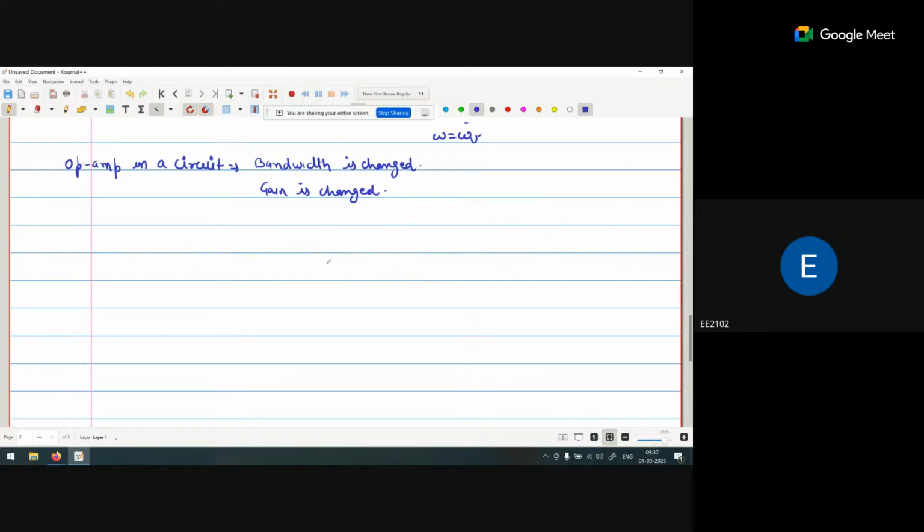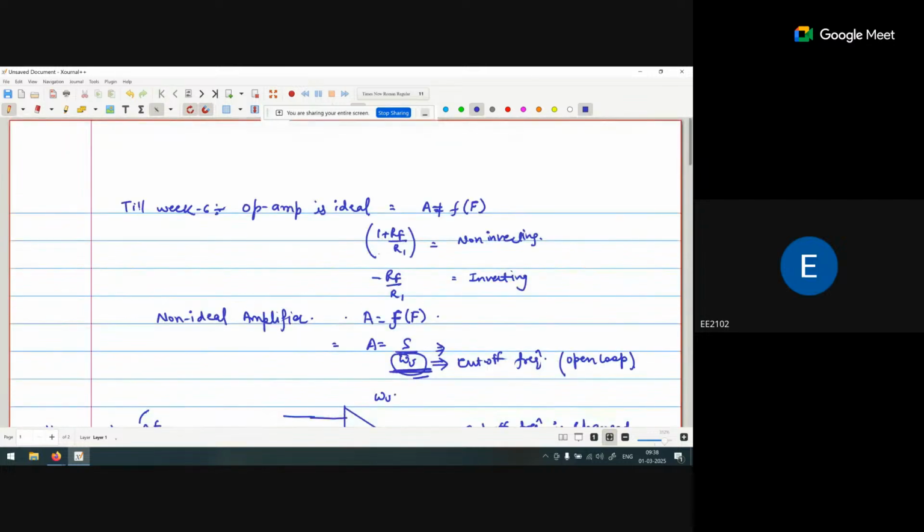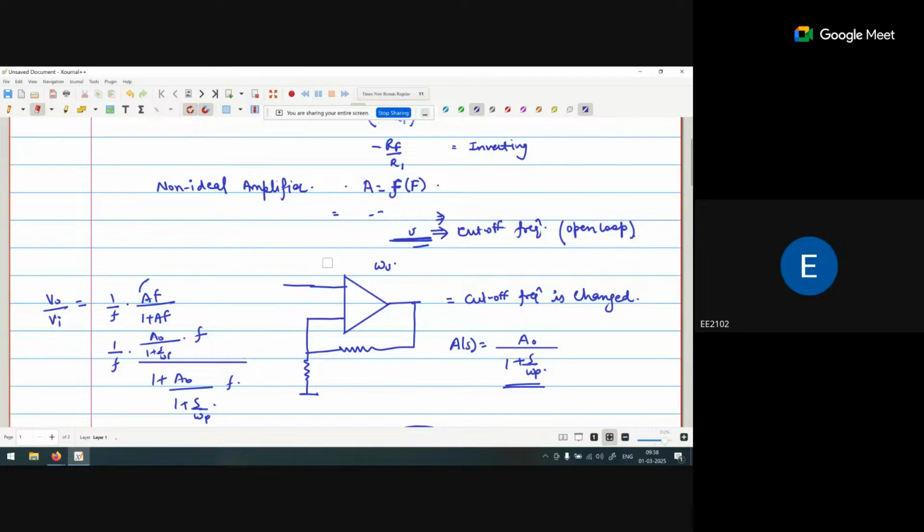If we design a system with gain A equal to omega u by s, sorry, it is omega u by s.